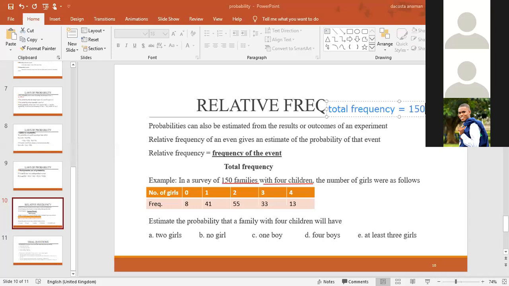Exactly, 150 families were surveyed. Now, it says that we should estimate the probability that a family with 4 children will have A, 2 girls. So if the family will have 2 girls, that's the event of having a family who have 2 girls.